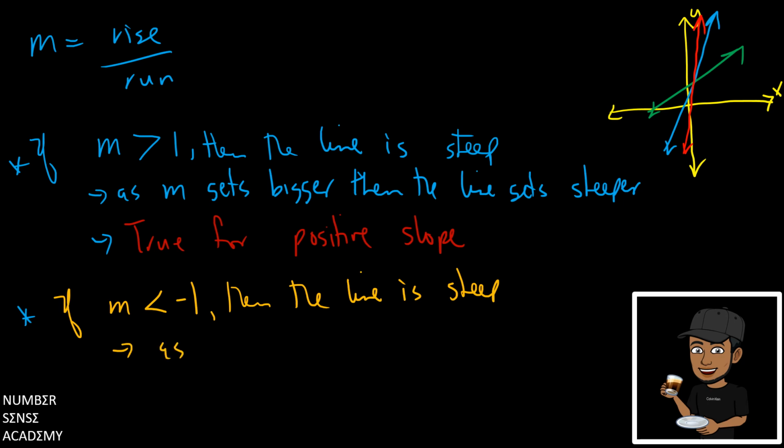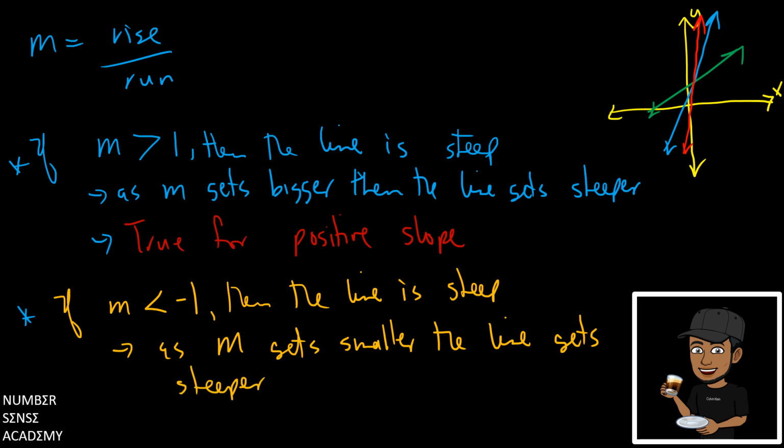And as m gets smaller, the line gets steeper. And this is true for negative slope. Okay? Now, so these are for steep lines.